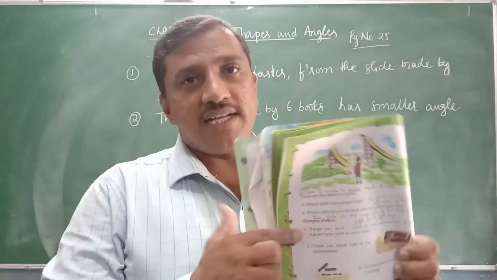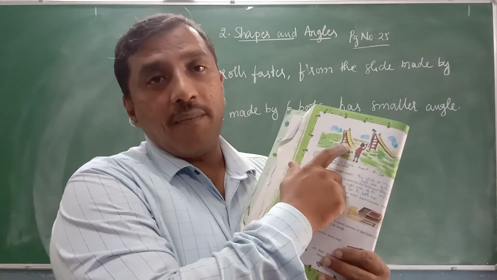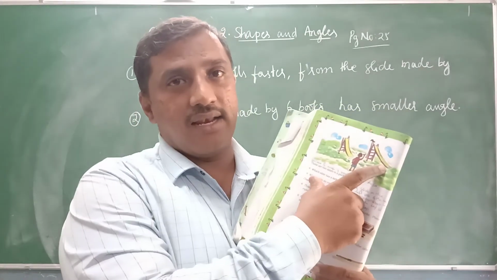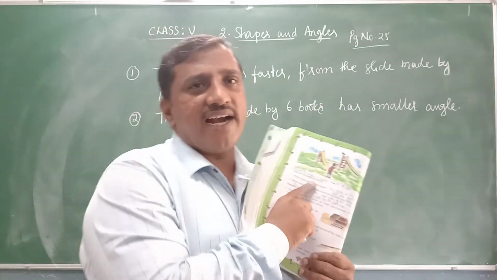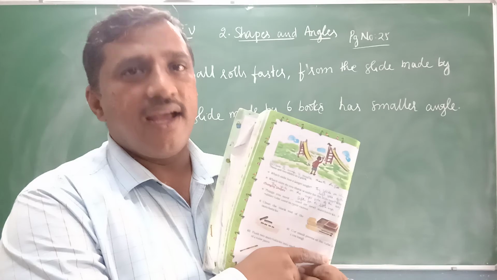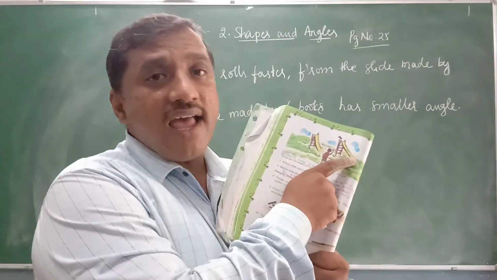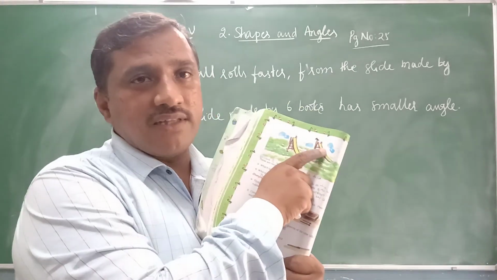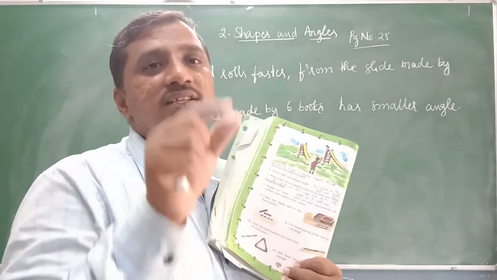So what do you understand from these 2 slides? The left slide has a bigger angle. Slide angle is bigger here, and here it is smaller angle. Now can you see which is safer for children? Is it the left side slide or the right side slide? Yes, it is the right side slide, because the slide angle is very small, so when the children sit on this, they will come down with slower speed.